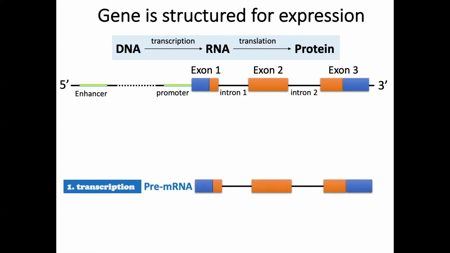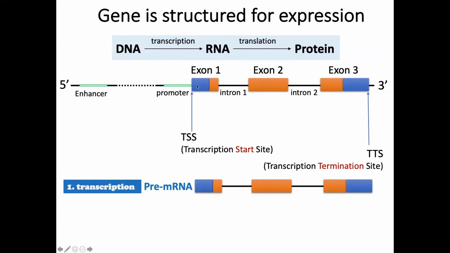But then transcription results in production of pre-mRNA or pre-messenger RNA. So based on the sequence, we name the transcription starting site, here shown as TSS, and the transcription termination site as TTS.